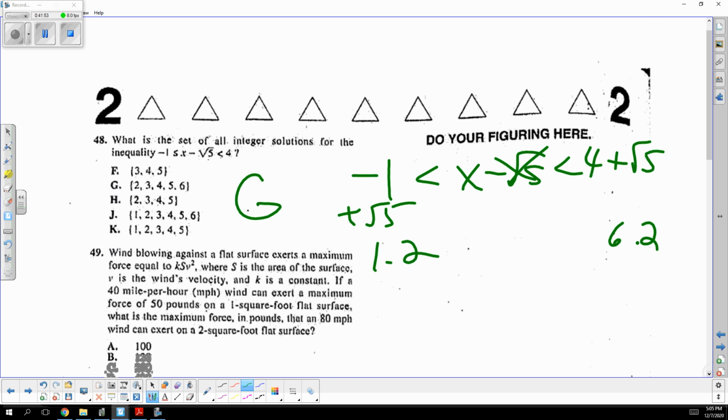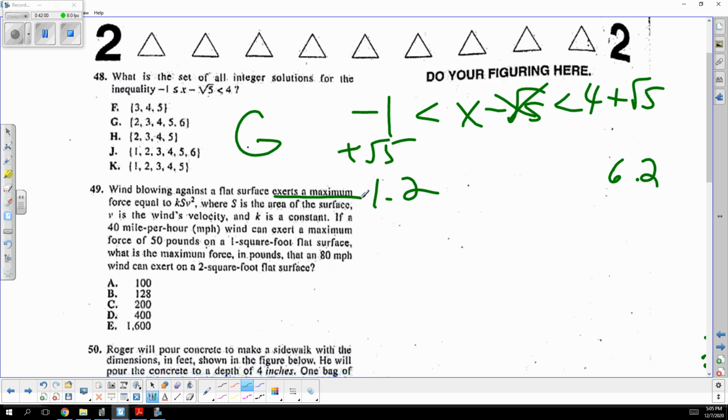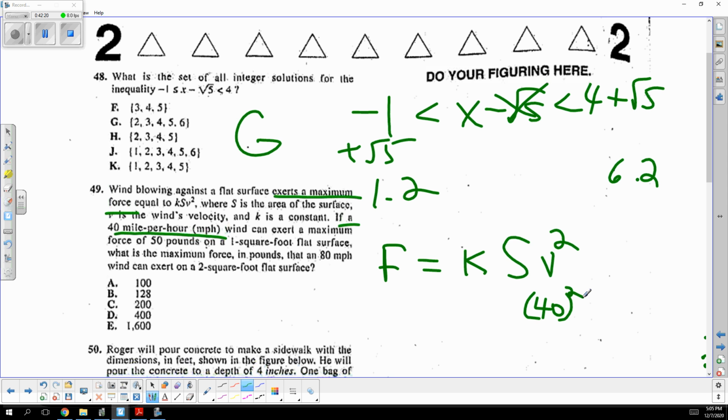This is a classic. The maximum force of the wind is equal to K S V squared, where S is the surface area, V is the velocity, and K is a constant. So a 40-mile-an-hour wind, that's velocity, can exert a maximum force, that's F, on a 1 square foot surface.